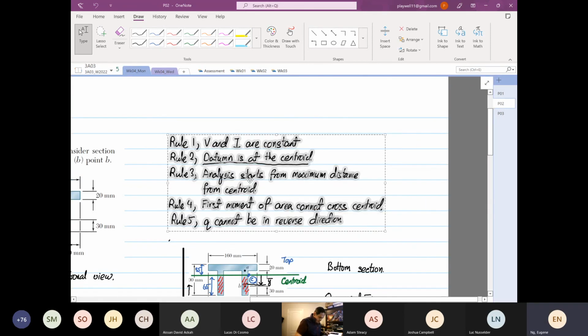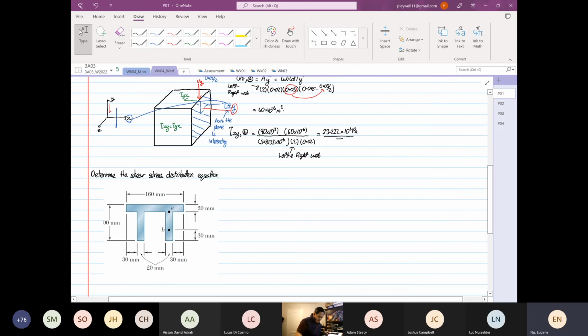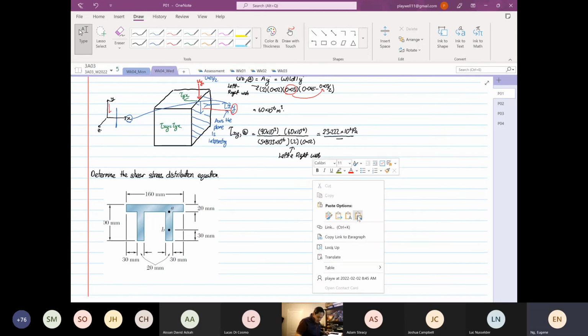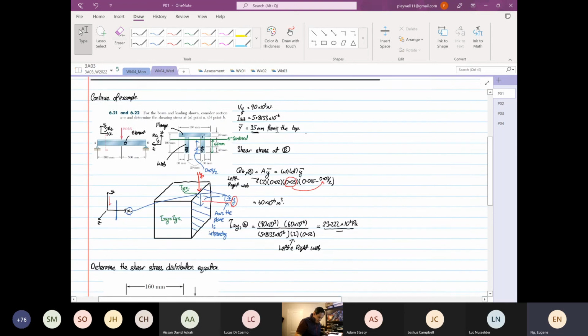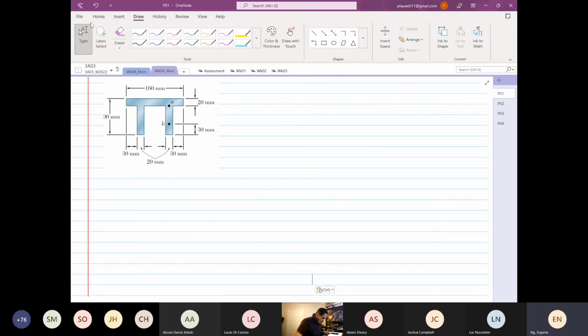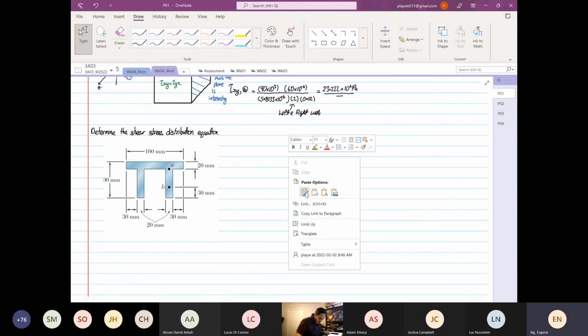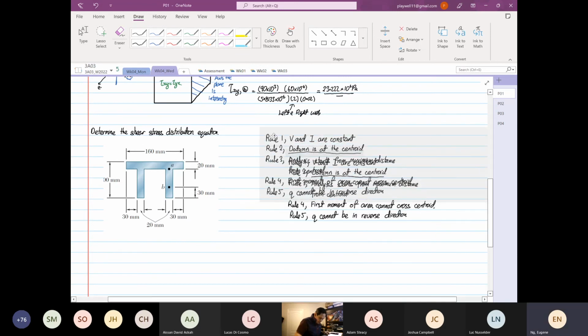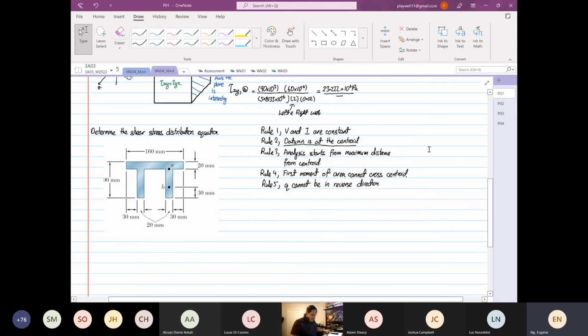I know it's 5, which is quite a lot. In some instances they have 10 and they cut it down to 2. I only have 5, I can't cut any. So we are going to look at these rules and determine the shear stress distribution equation. Same question, everything's the same.